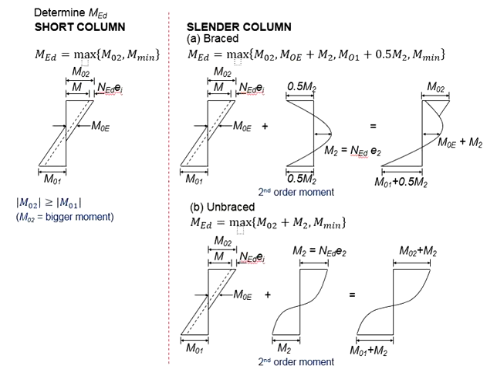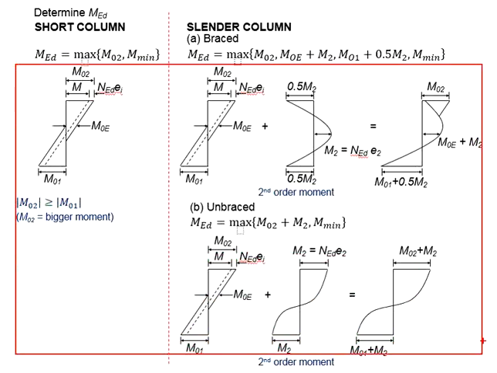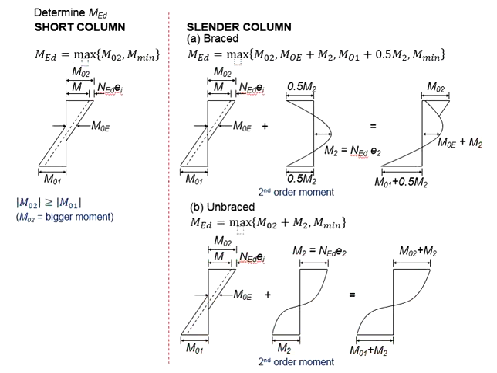It may seem complicated, but if you try to sketch them, it is easy. We talked about this in our previous videos in the chapters of the column. Since now the short column is to be designed, this will be the simplest diagram that you can expect from the design of the column.